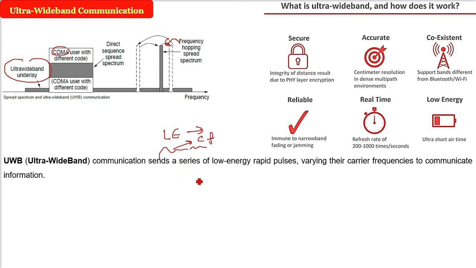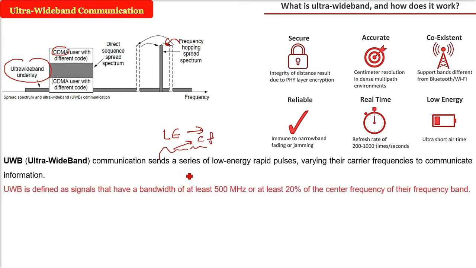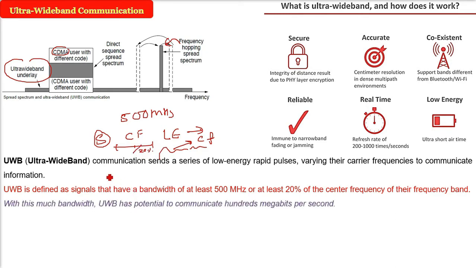So the UWB, you can define it as a signal that has a bandwidth of at least 500 megahertz, or if you take the frequency band, the center frequency you take, it should be at least 20% of the central frequency.